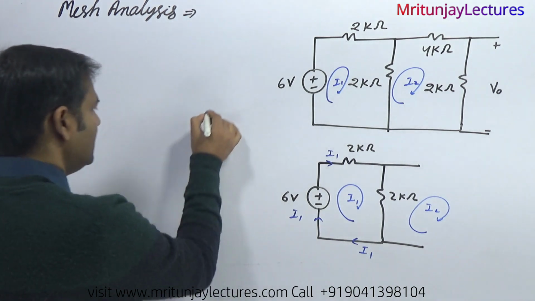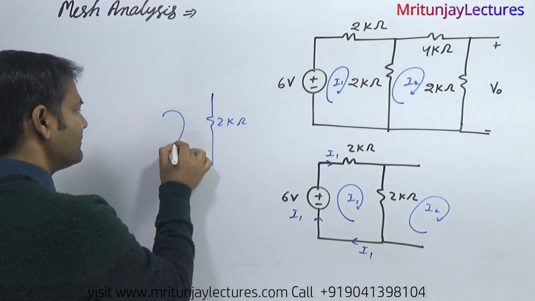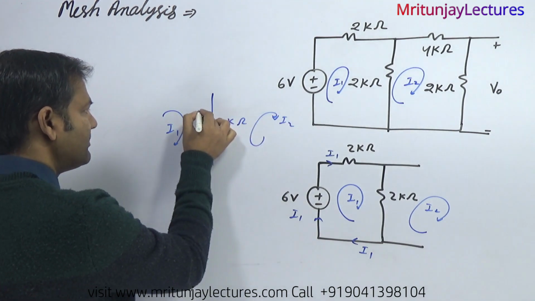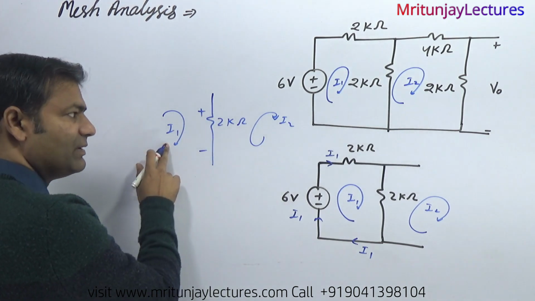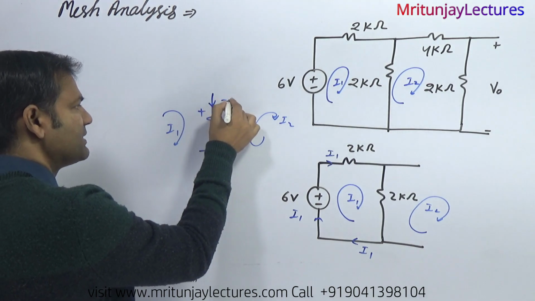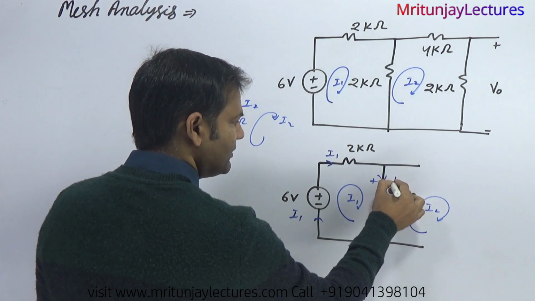That is 2 kilo ohm, I1 and I2 here. If you consider plus and minus, it means I1 is stronger than I2. It means what about the branch current? I1 minus I2. Okay, here I1 minus I2.